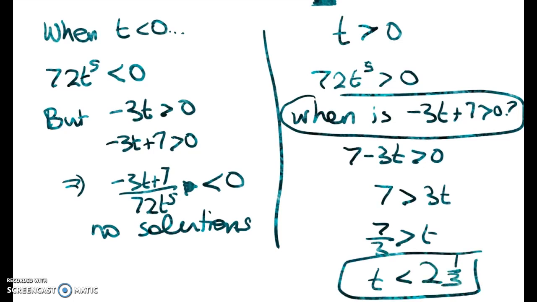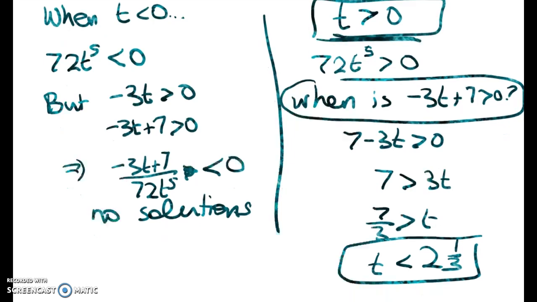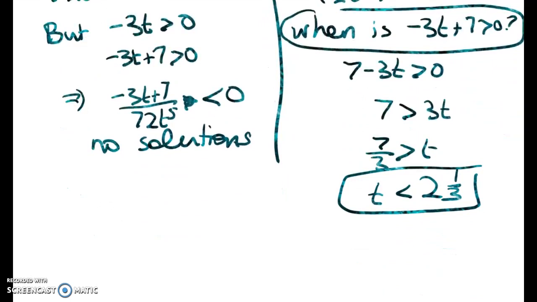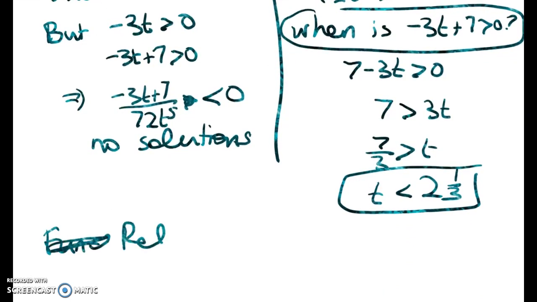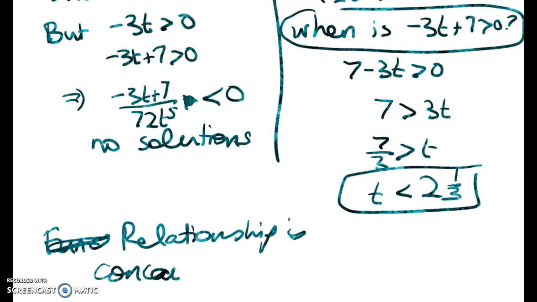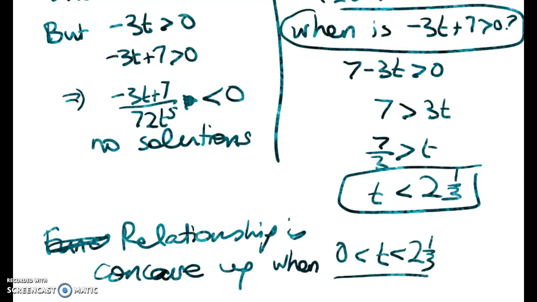But that is not my whole answer. If I just wrote that, it wouldn't be too good, because we're just looking at times when t is positive. So we're going to say this: the relationship is concave up when t is between 0 and 2 1/3.